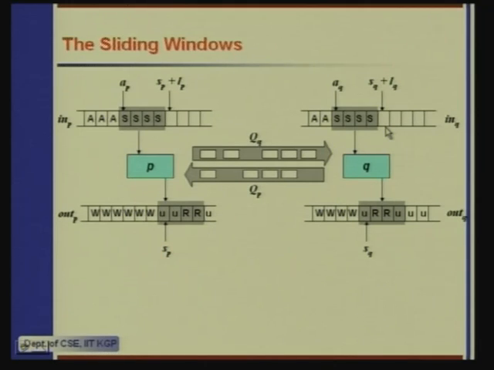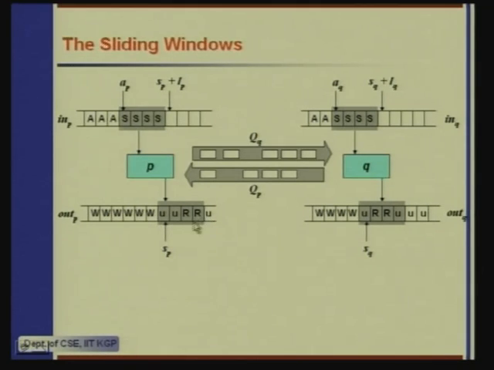Is that clear? So what's happening here is that as the words are getting received, when some word here gets received, then again this word gets received, then SP will move here. When these two words are received, then SP will move here, right. So this window will slide like this.